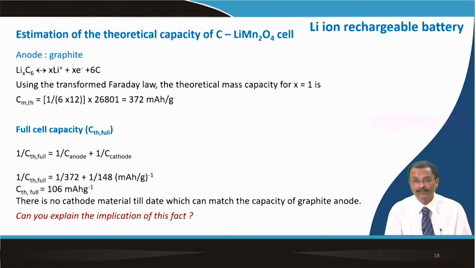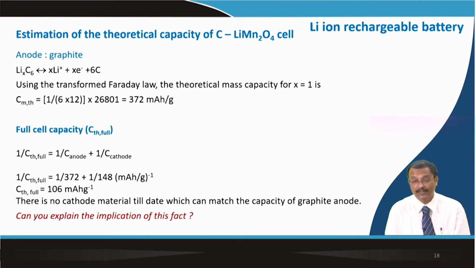So, for the full cell capacity, these two individual capacities are as if they are connected in series. So, from the normal series capacitance law, I can get the capacity of the full cell as 1 by 372 and 1 by 148 milliampere hour per gram. So, it comes to about 106 milliampere hour per gram. There is no cathode material till date which can match the capacity of the graphite anode.